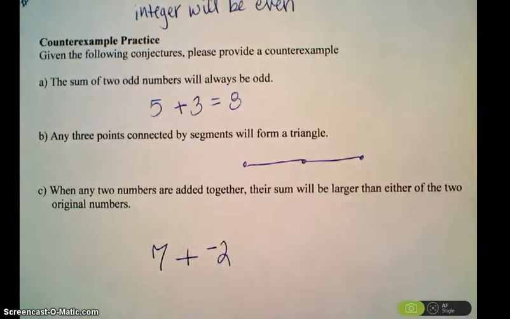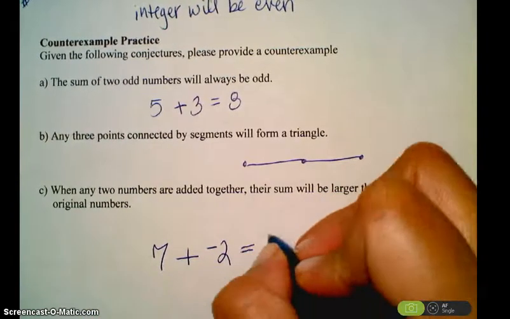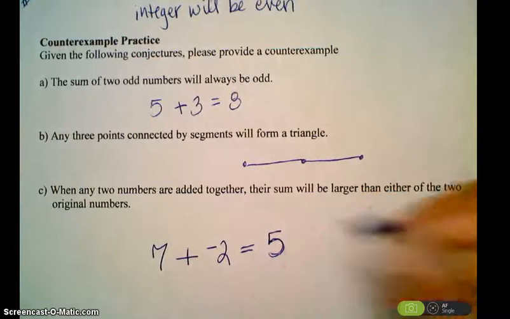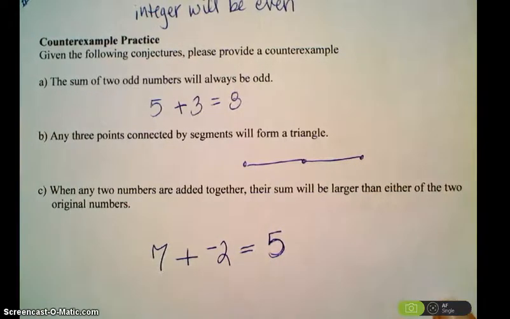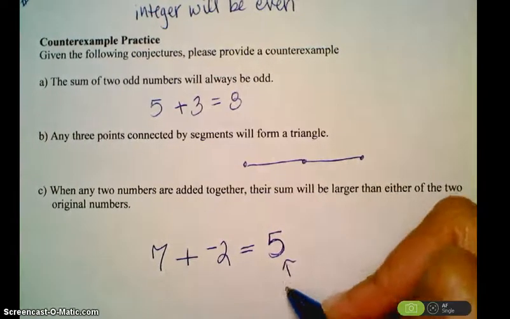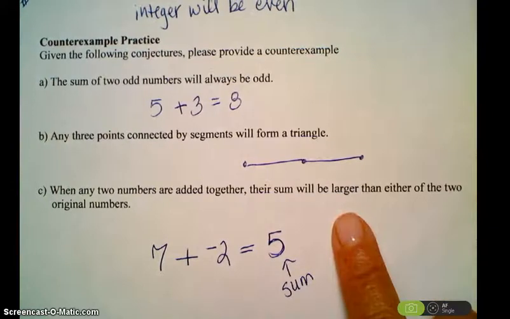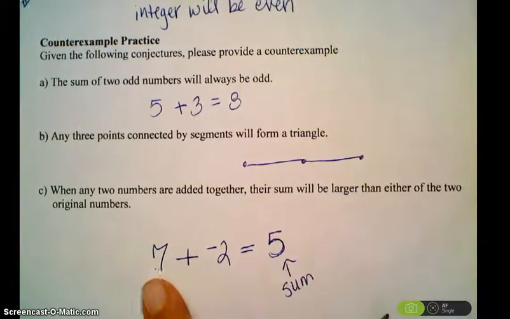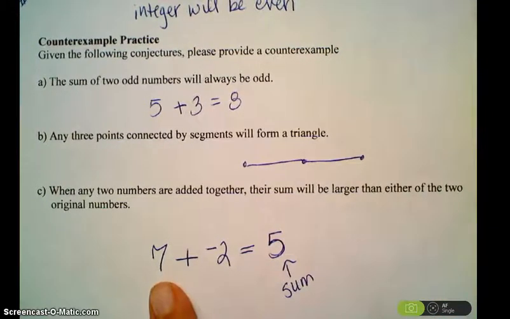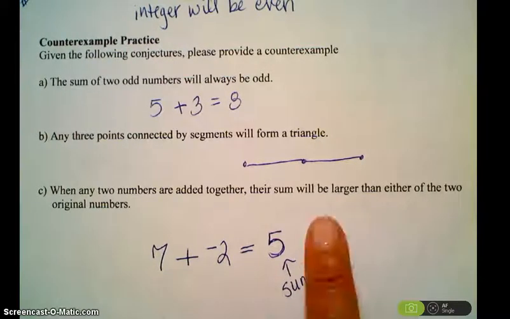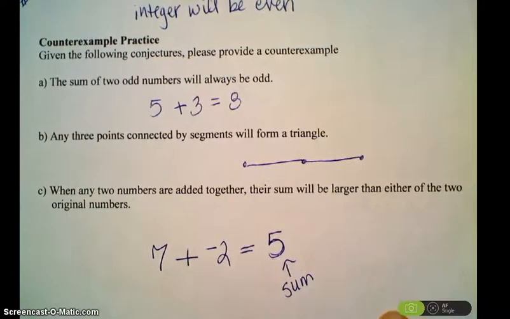We're adding together two numbers and getting an answer of 5. This is the sum. This sum is not larger than 7. And therefore, I found a counterexample for this conjecture.